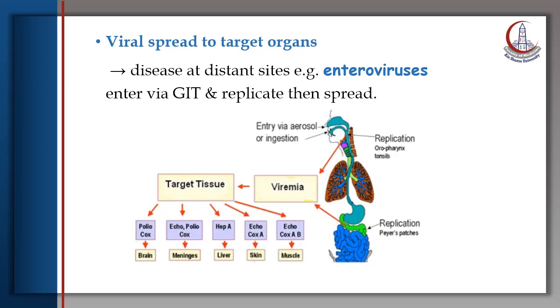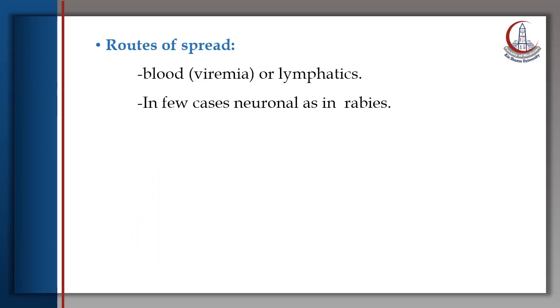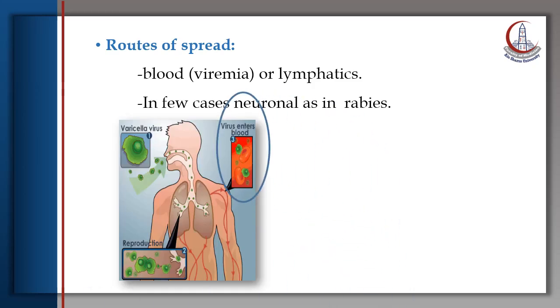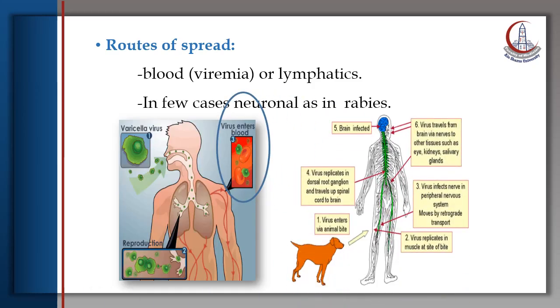So spread of the virus might be by blood or lymphatics, and it can also be transmitted via the neurons, as in the case of rabies.